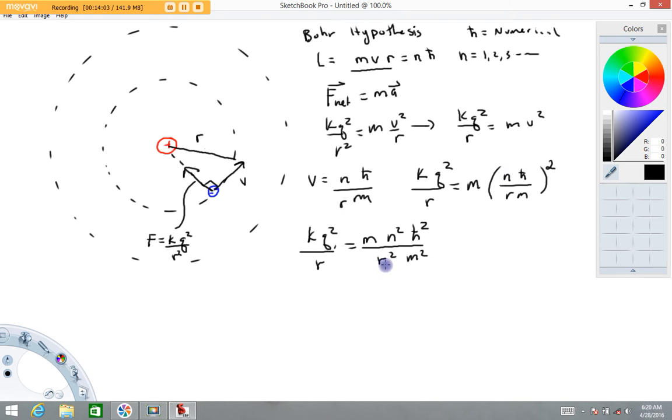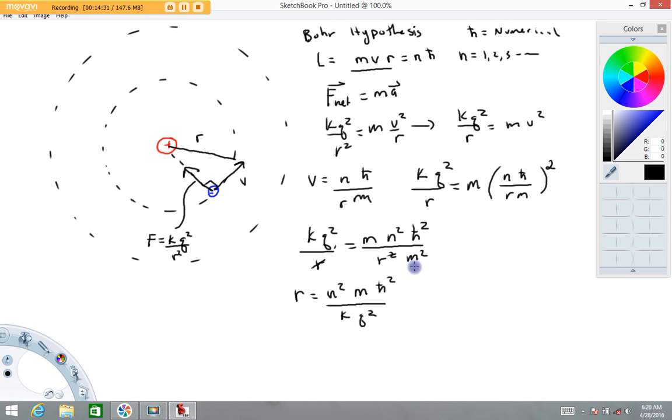Now you'll notice we got two r's on the right and only one on the left. One of these will cancel, leaving us with one on the right. And I'm going to move that over to here and then divide by q squared. So our new line here is going to read r equals n squared times m h bar squared over k q squared.